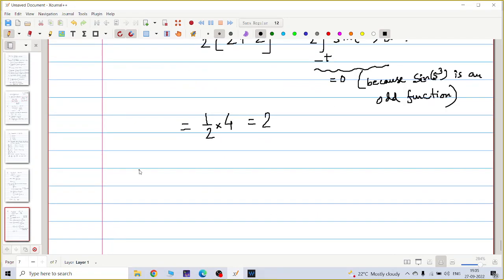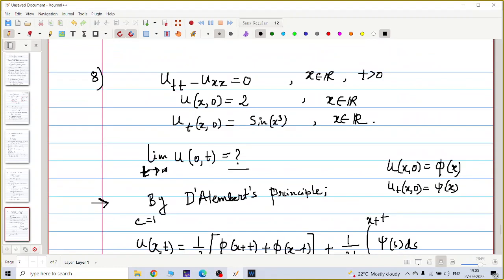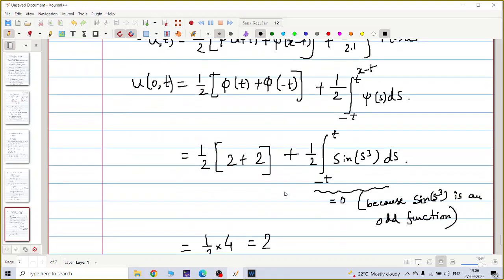So what is my limit? The limit as t tends to infinity of u(0, t) is equal to 2, because this is independent of t.